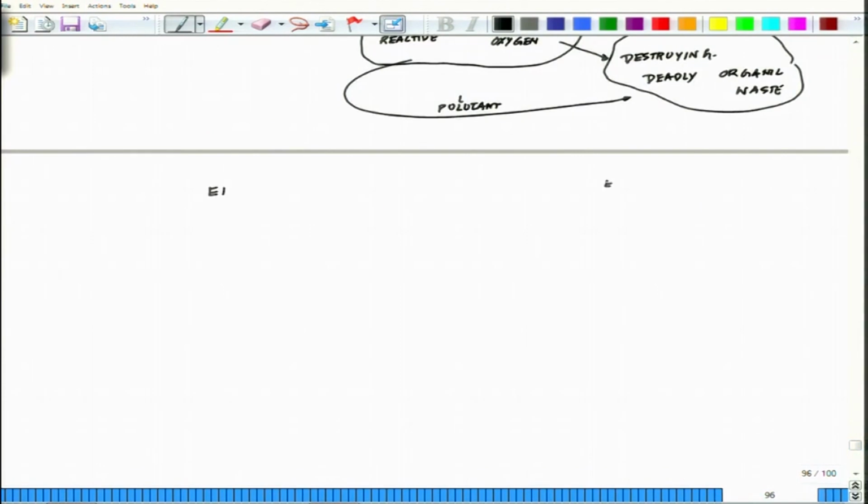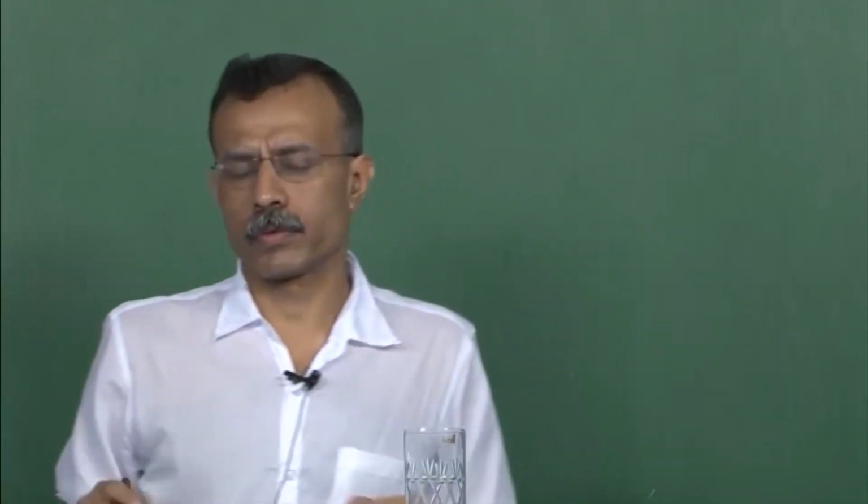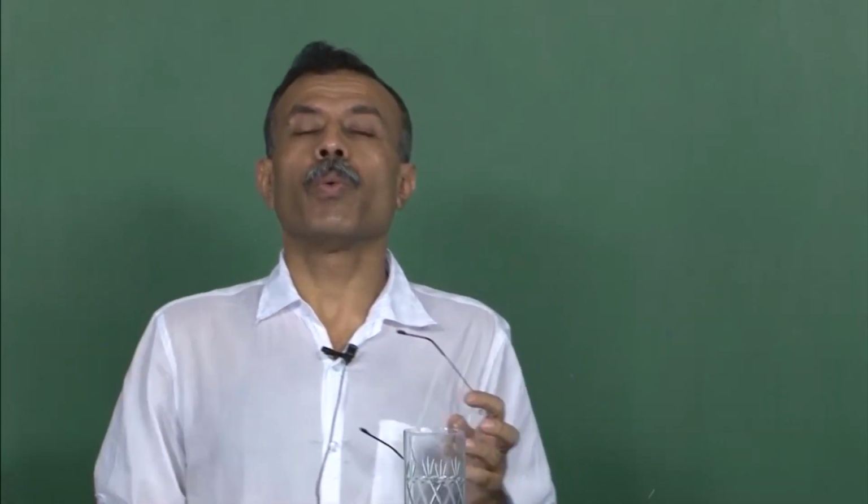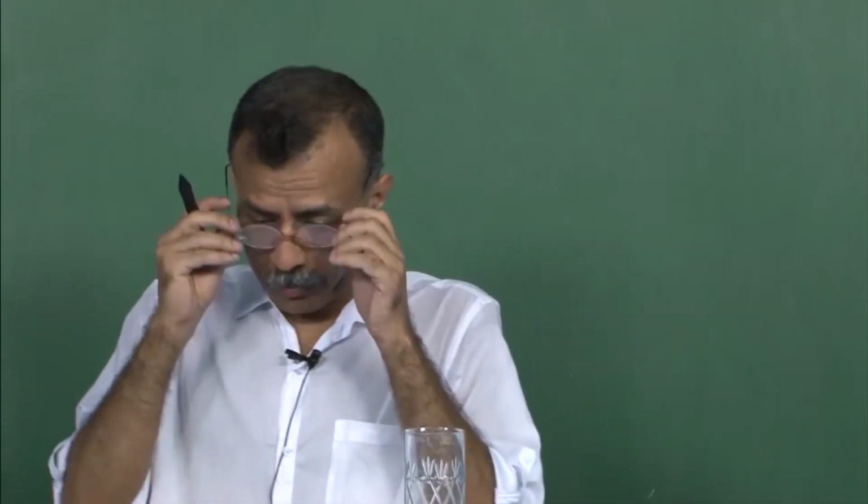E1 and E2, for successful production of reactive oxygen species. The two critical events involve water absorbed in the material getting oxidized, and event 2, which I'll talk about now.